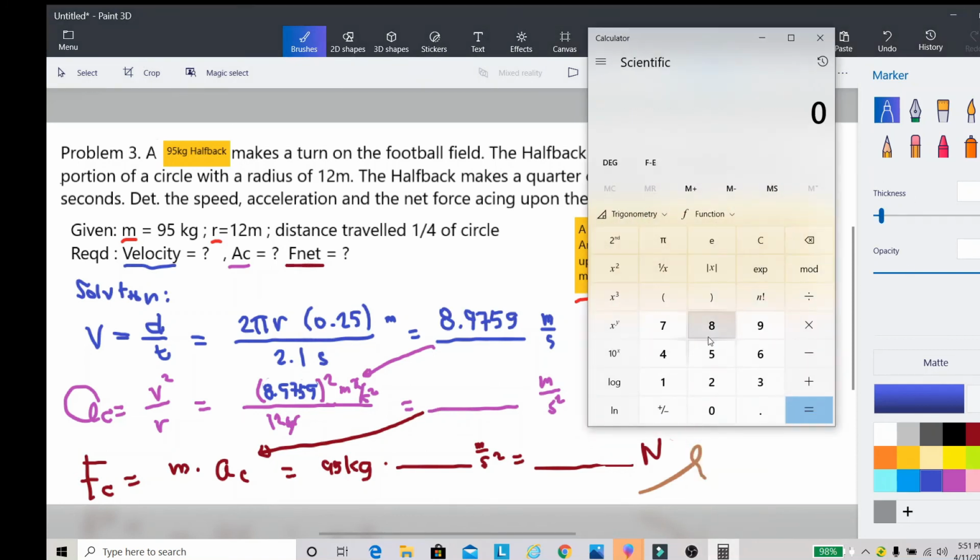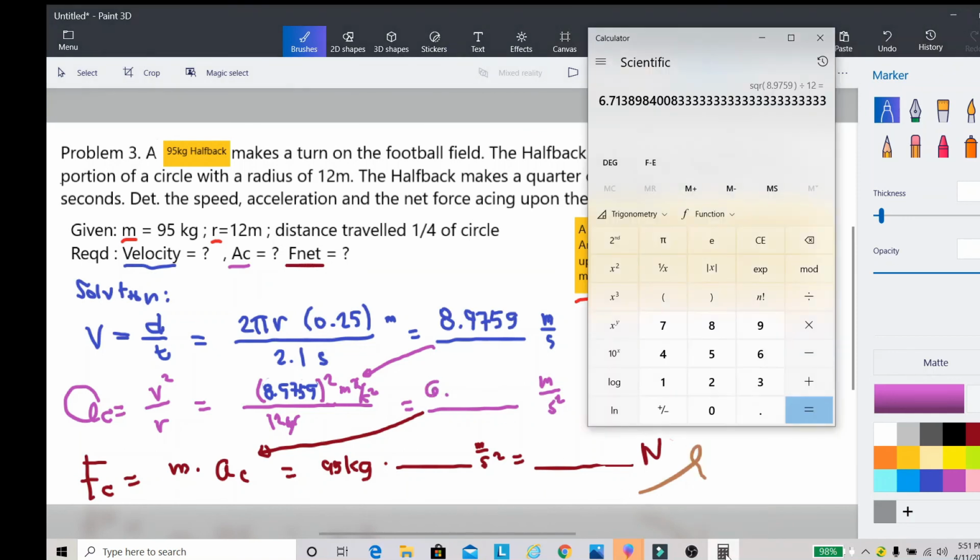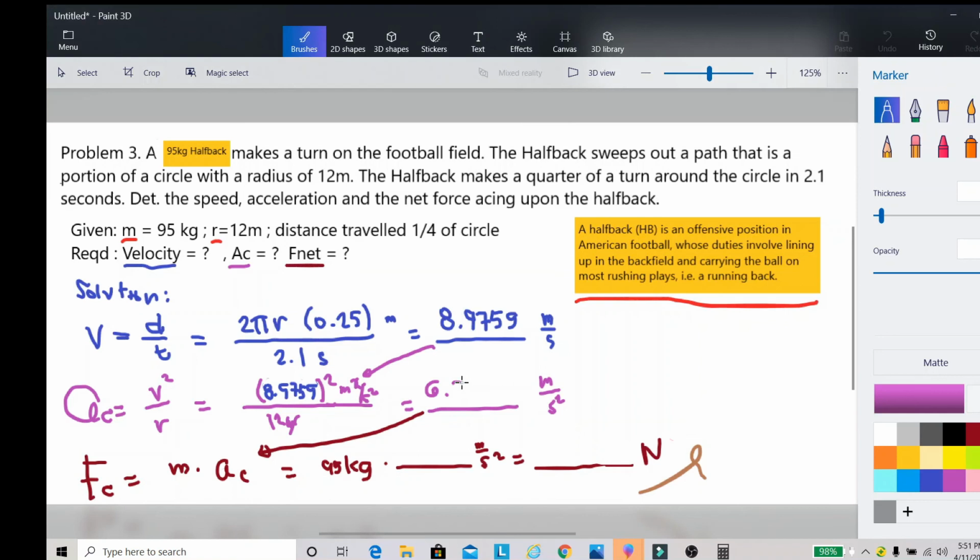We have 8.9759 squared, and then we divide that by 12. We have 6.7138.